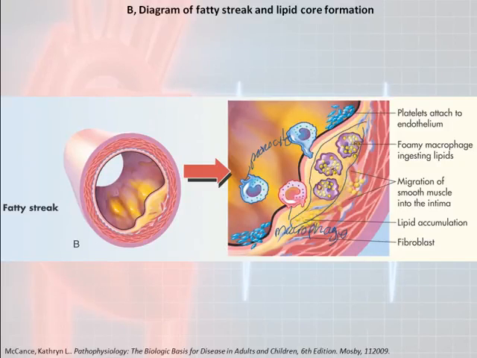You have way too many problems and not enough white blood cells to take care of those problems. If this starts to occur, you start developing these fatty streaks here. You start developing these little streaks, or this long streak basically, of LDLs underneath the endothelial lining.